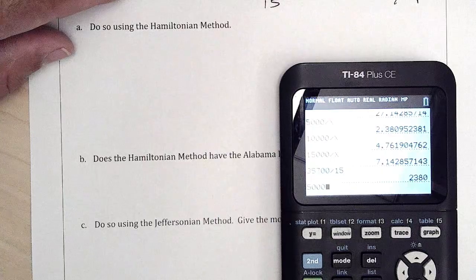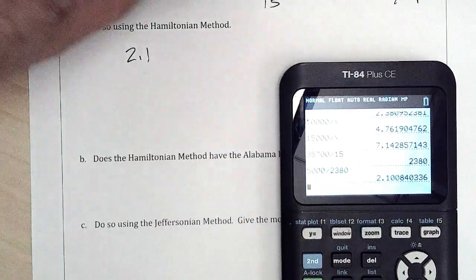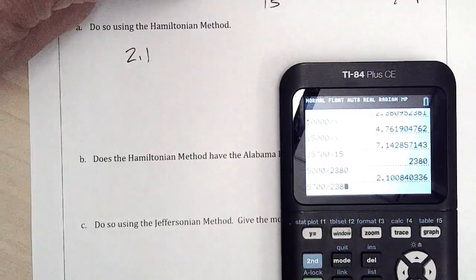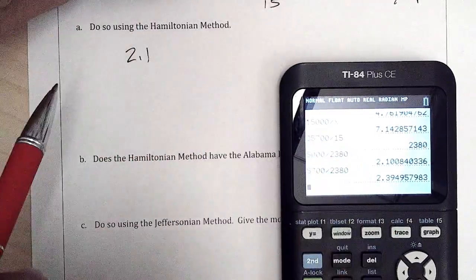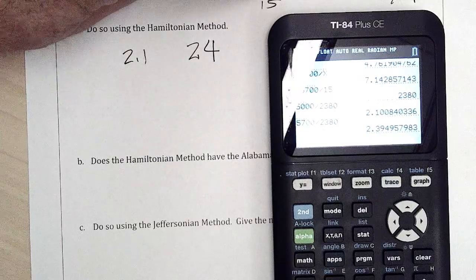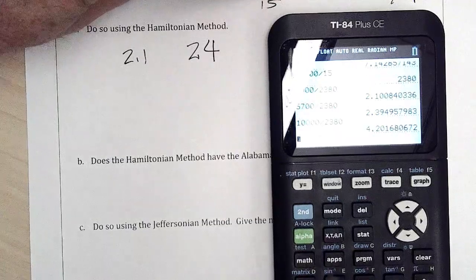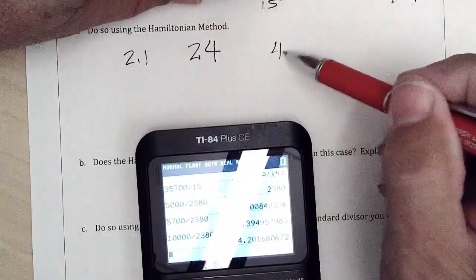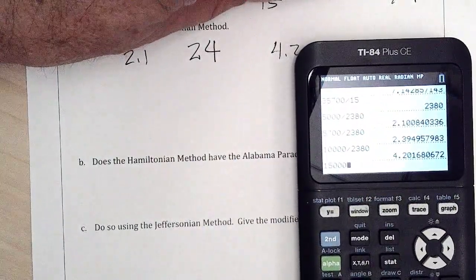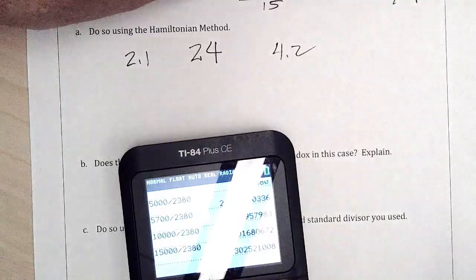5,000 divided by 2380, and I get 2.1. 5700 divided by 2380, and I get 2.4, and then 10,000 divided by 2380, and I get 4.2, and then I do 15,000 divided by 2380, and I get 6.3.